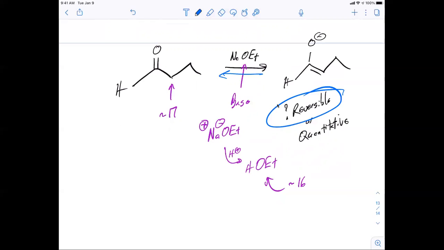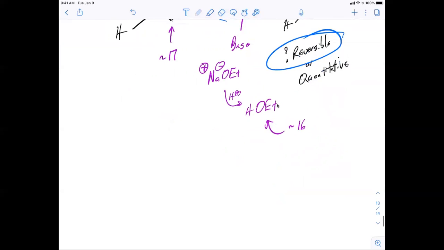What do we need to do a quantitative process? What has to happen with my base? The base's conjugate acid pKa needs to be what? I have to see a bigger differential. So when we look at these, what we want to look at is huge differences.